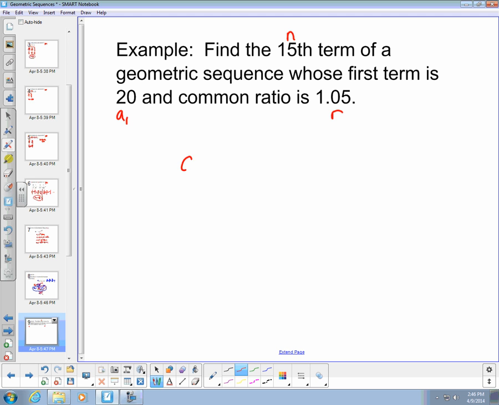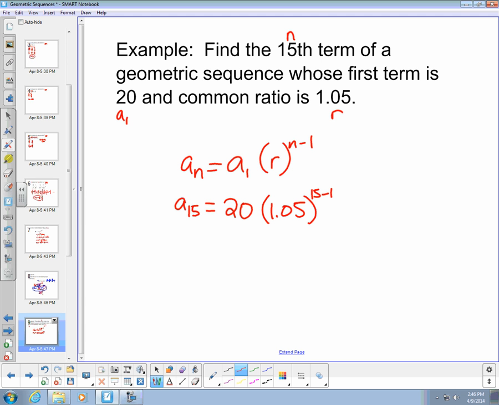So our formula again, a sub n equals a sub 1 times r to the n minus 1. So the 15th term would be a sub 15. I'm going to put in 20 for a sub 1. r is 1.05. And then 15 minus 1, because 15 was the n.